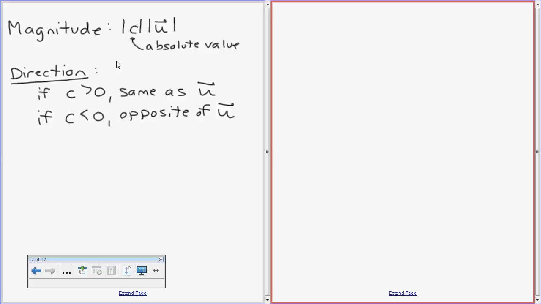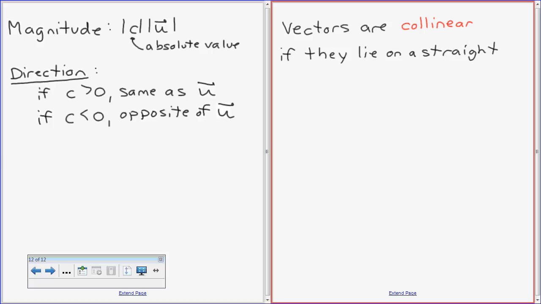So we're going to say vectors are collinear if they lie on a straight line when arranged tail to tail.